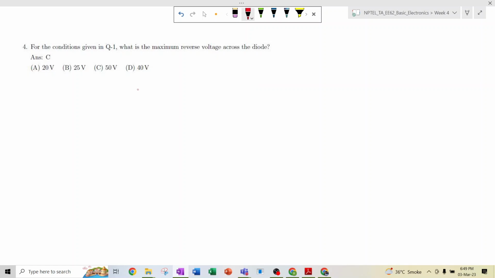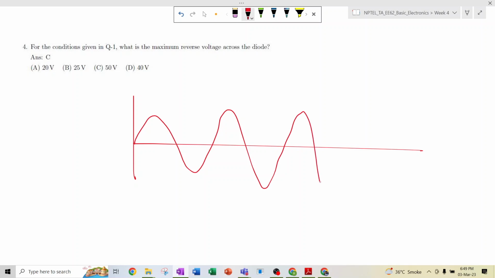Okay, so for the next question, for the given condition in question 1, what is the maximum reverse voltage across the diode? So this is the V in, and this is the time period t.